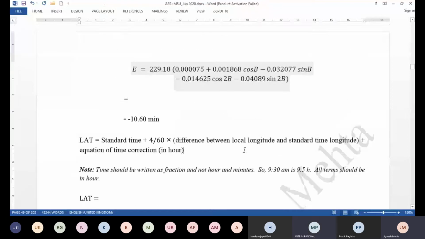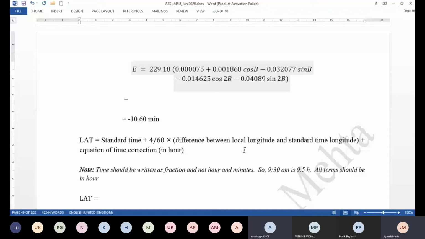19.72. Yeah, okay. Now put it in this formula and try to get the number. Of course, the answer has been displayed, so you can check whether you are getting that number. B is in degrees, right?